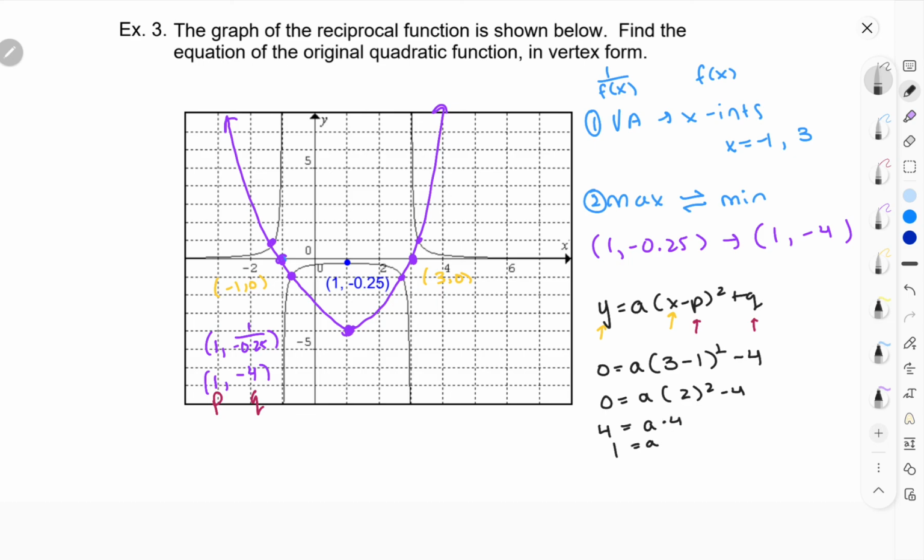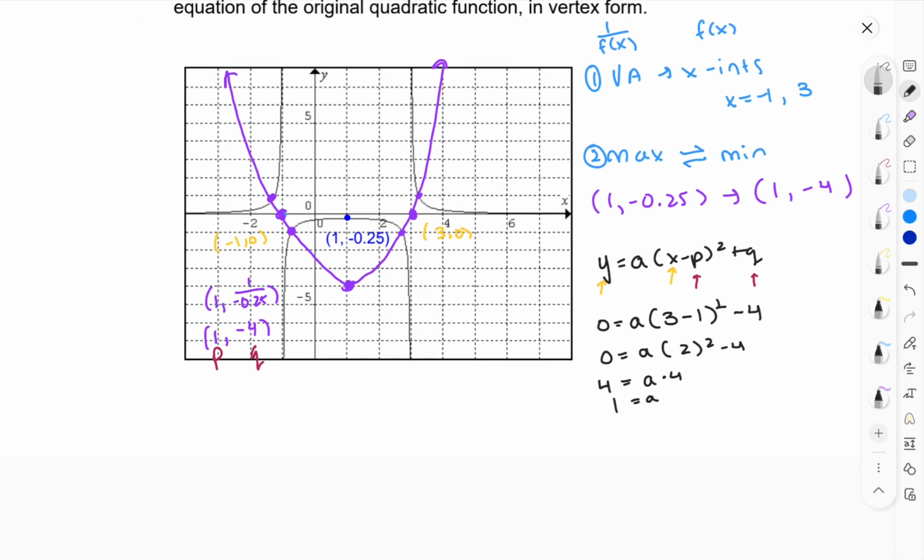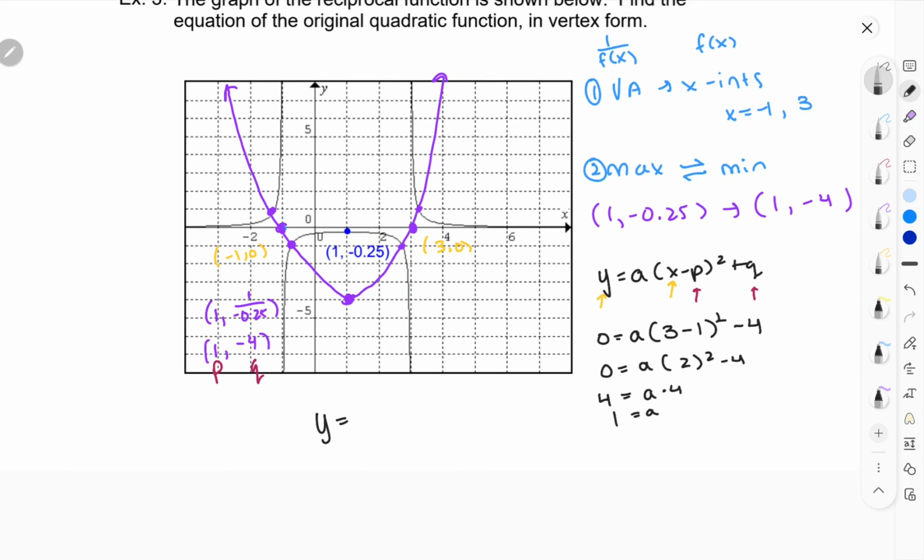So in this case, a is equal to 1. I should always solve for that though, just so I'm super sure. I don't want to assume. And then I'll give you my equation in vertex form as the question stated. It's an a value of 1. It's y equals (x minus 1) squared minus 4.